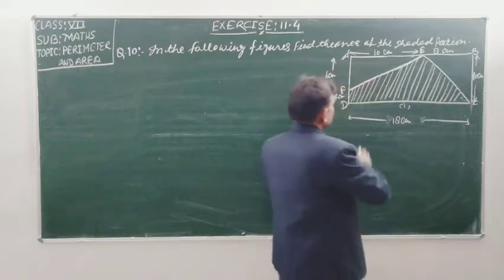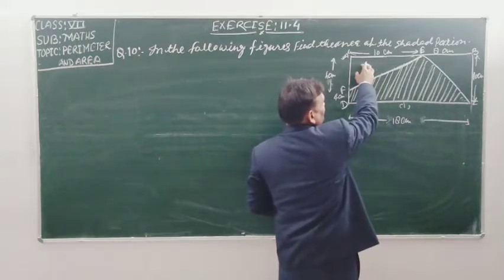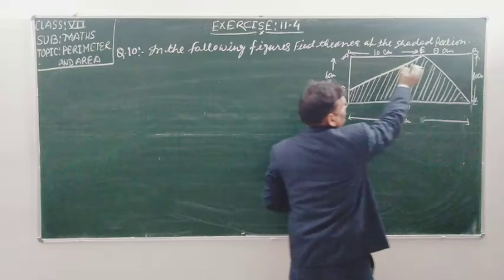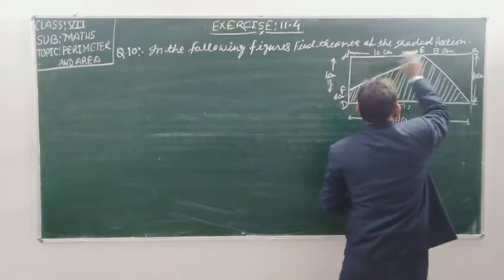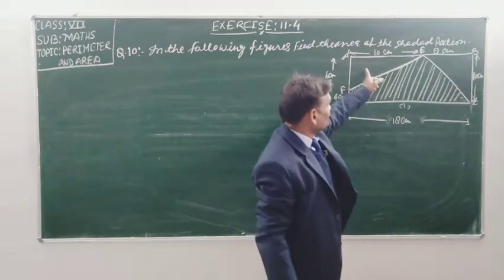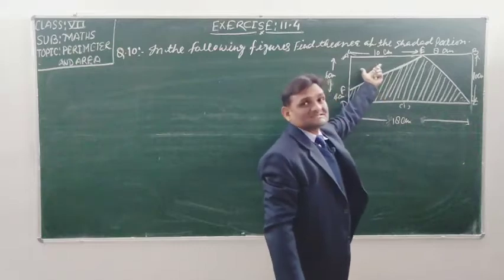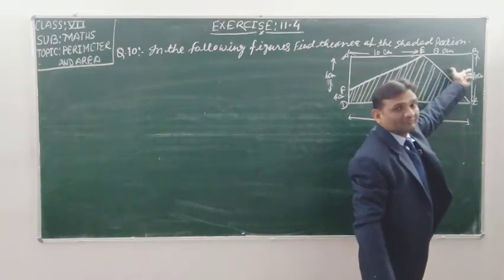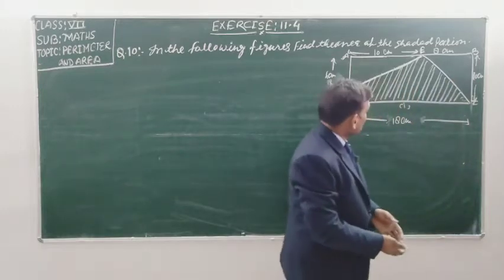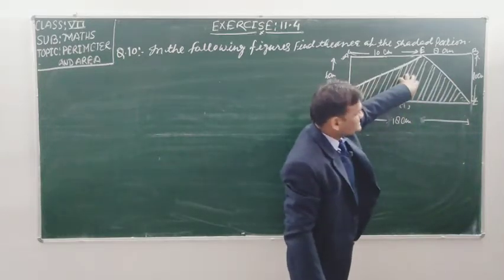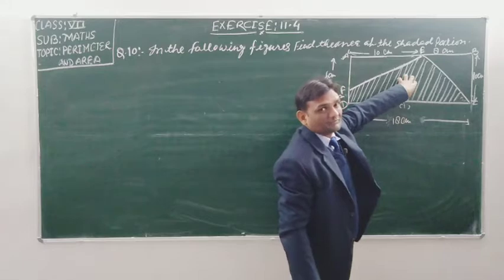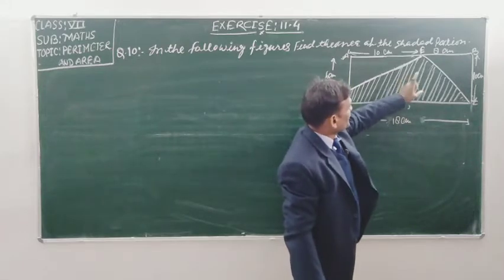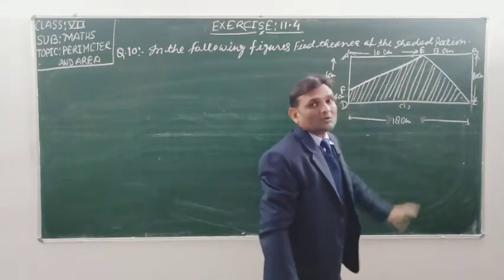This is also a figure, and this is a triangle. This area is not shaded, and this area is not shaded. So how can we find the area of the shaded portion?